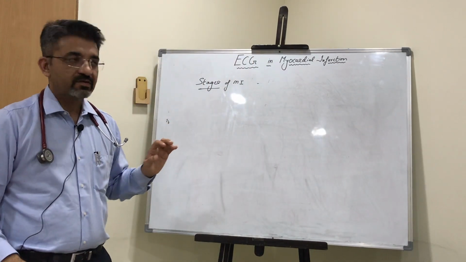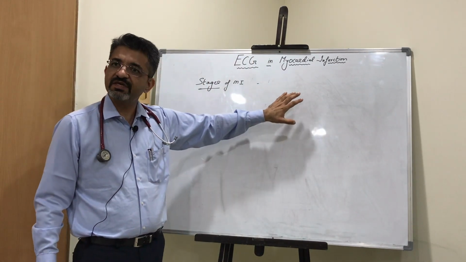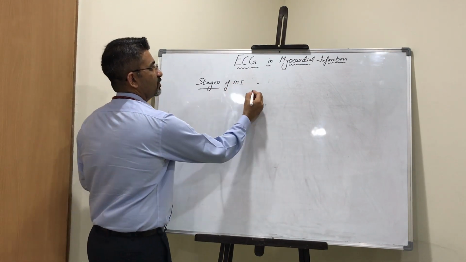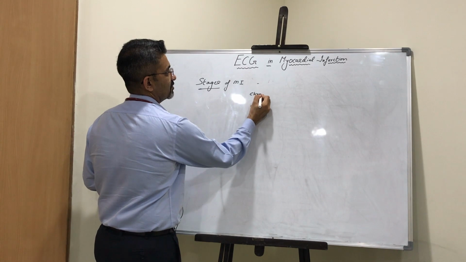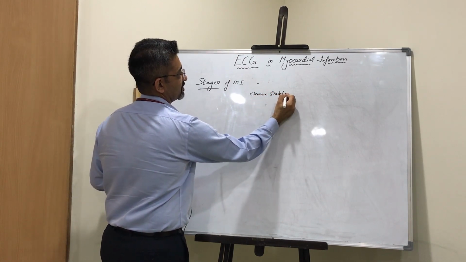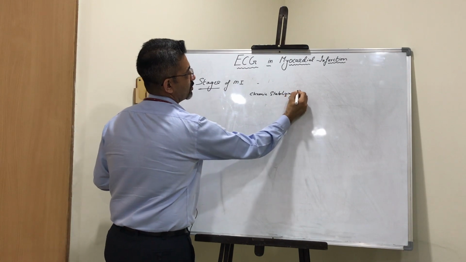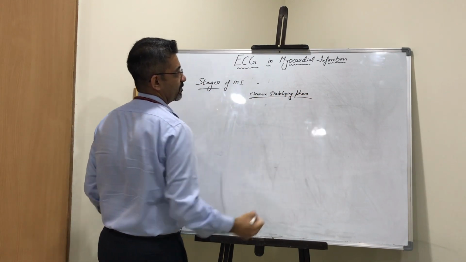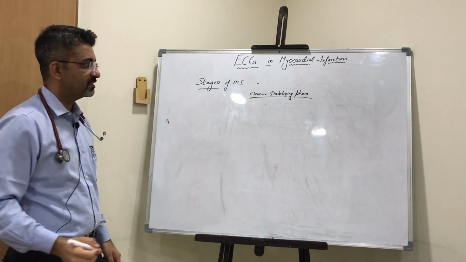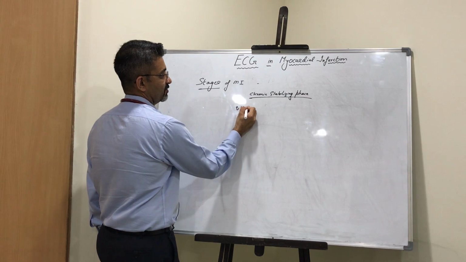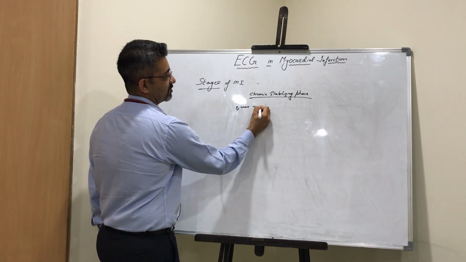Once you have the fully evolved phase, then you have the chronic stabilizing phase. Suppose in the chronic stabilizing phase, someone comes to you with ECG changes and you see that I have a Q wave in lead 3.